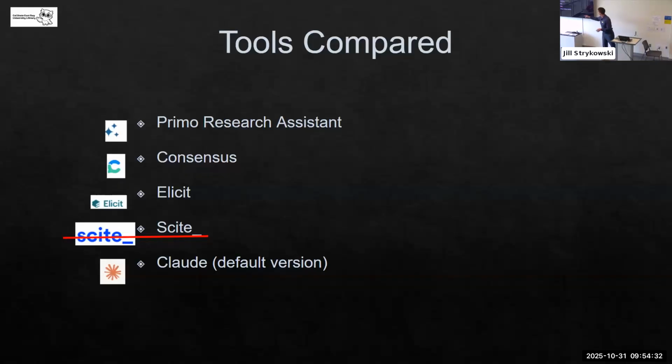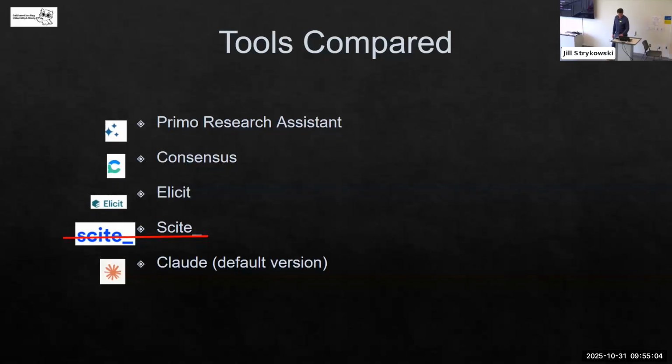So I crossed out Scite, because I wanted to compare not just to academic tools, but also to basic tools like Claude or ChatGPT that are trying to do better at academic research. So I substituted Claude for Scite. So those are the four that I compared, right?